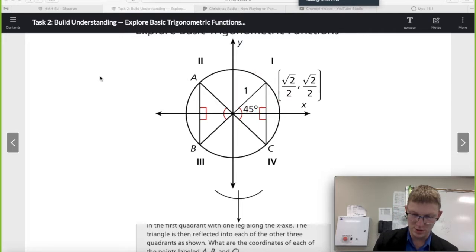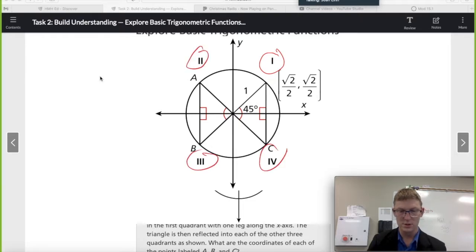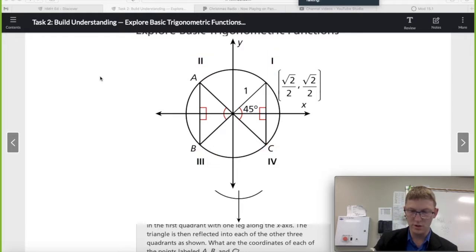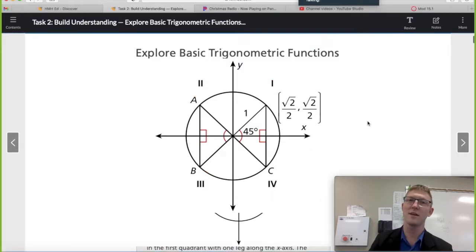That is quadrant 1. So notice how this goes backwards from how you read. It goes counterclockwise, so 1 starts in this corner, 2, 3, 4. These are called quadrants. So this is quadrant 1, quadrant 2, quadrant 3, quadrant 4, as a quick reminder.